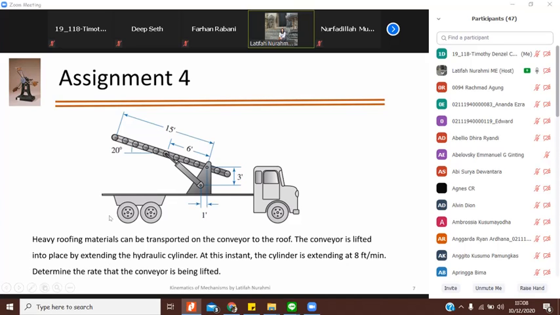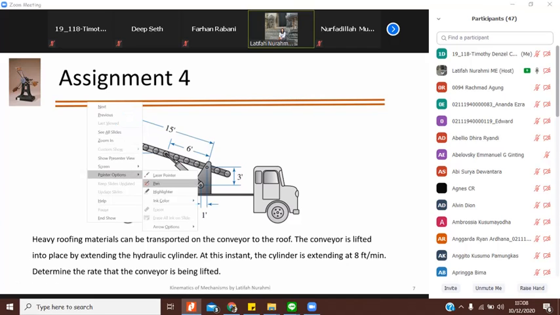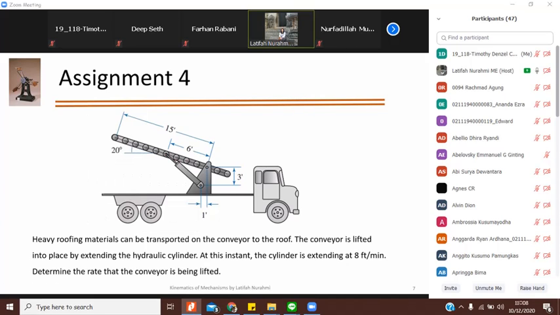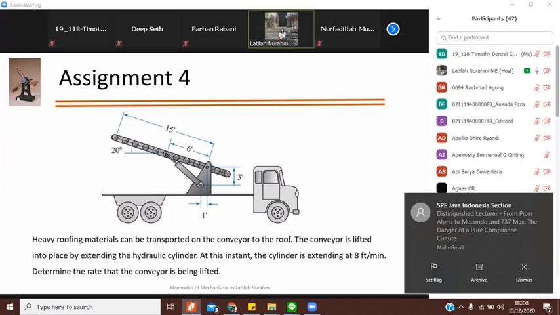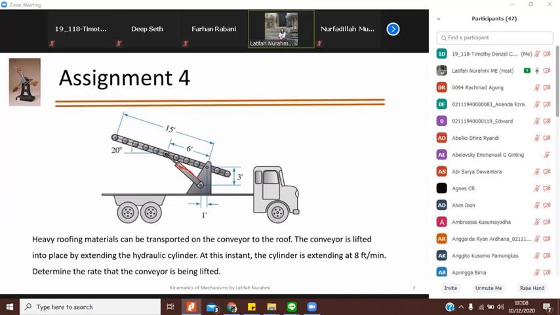So definitely this is a slider crank. No questions asked. So we have here the slider, or you can see it as a piston and cylinder up here.